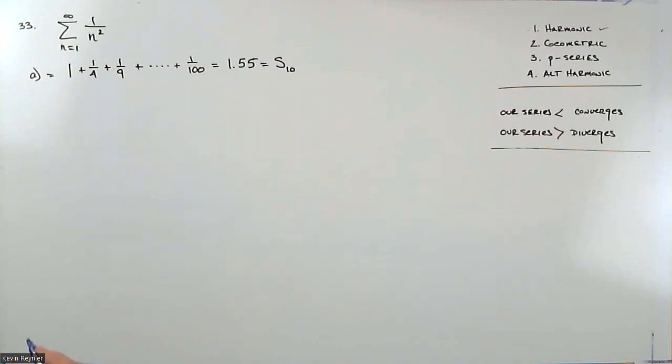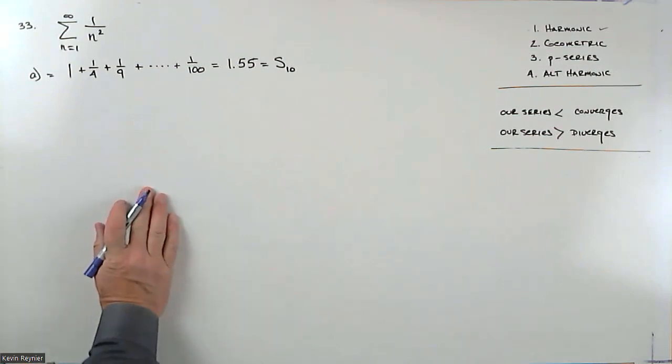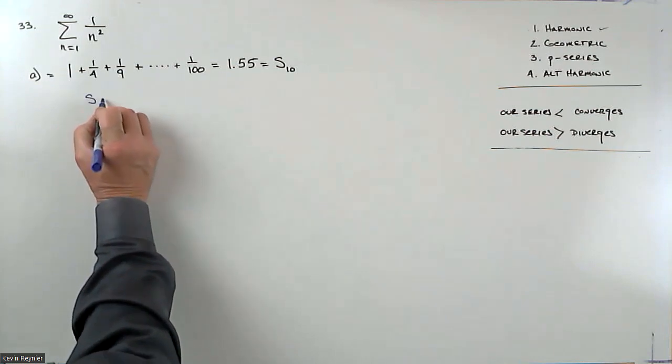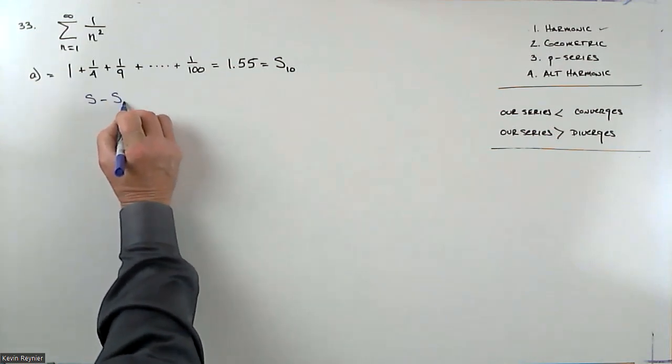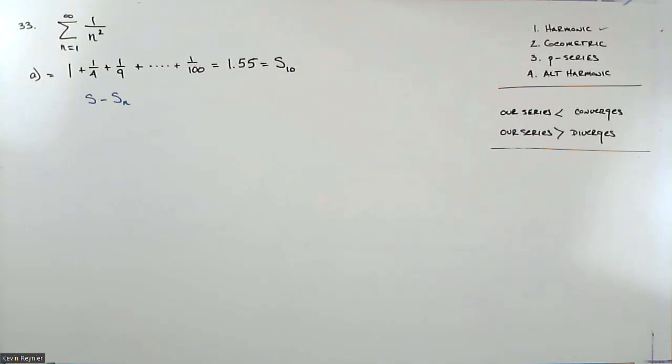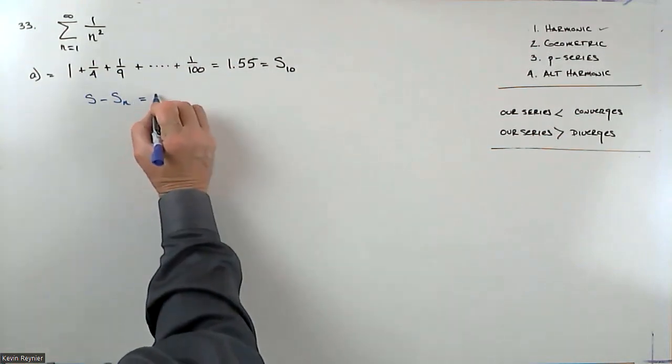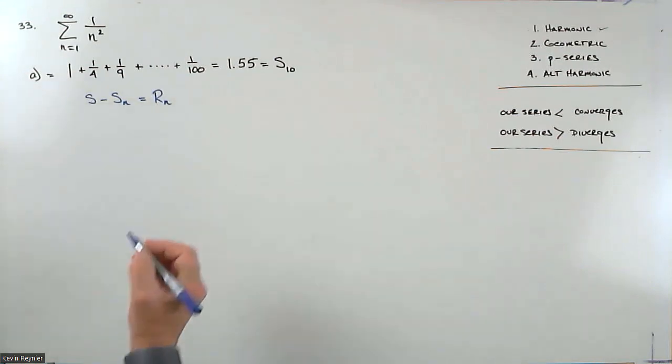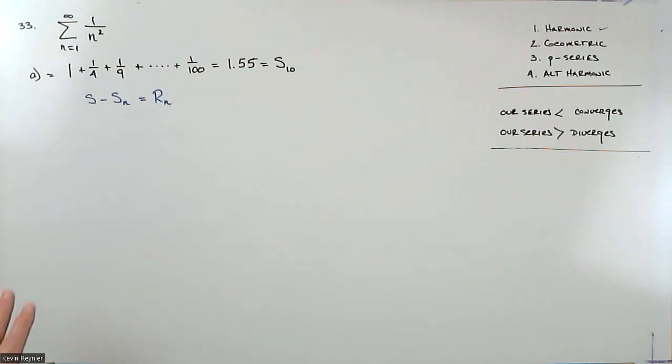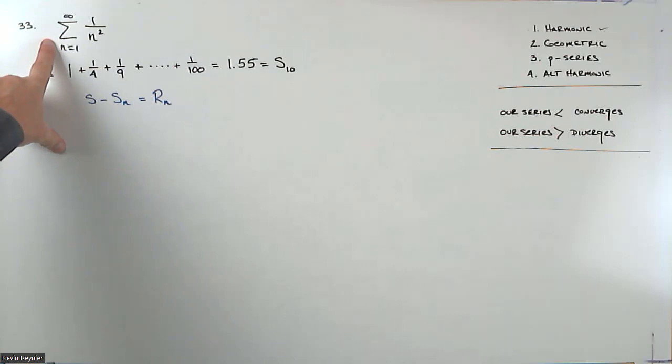So what the error estimate says is this. It says if we take S minus the sum of the first n terms, we call that a remainder. Okay. So this has a sum because it converges, it has a sum, we don't know what it is.